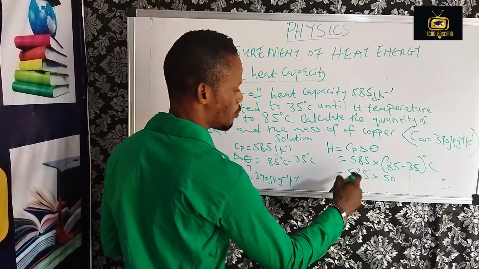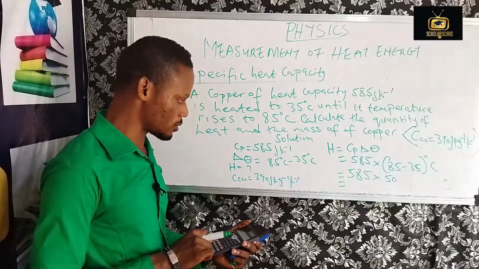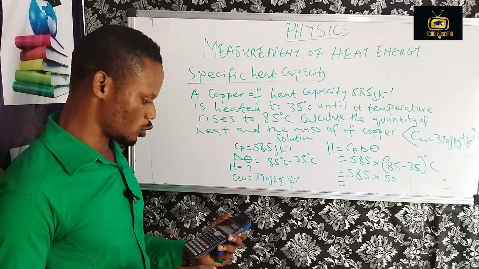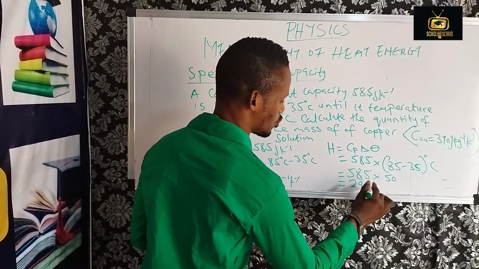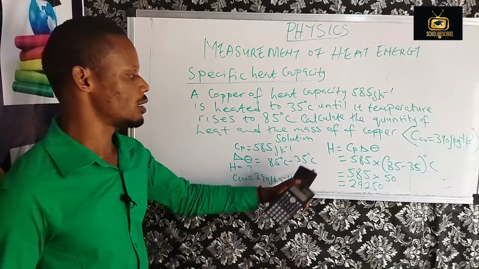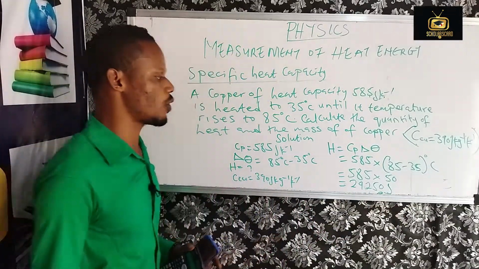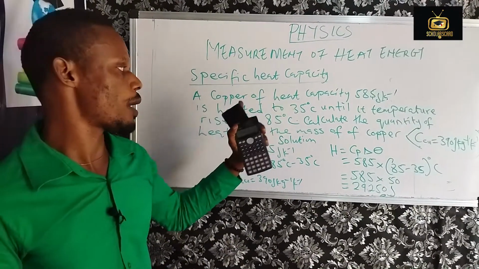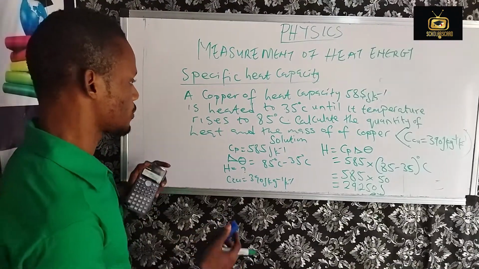So we multiply 585 times 50, which gives 29,250. You don't leave it like that, you make sure you put the unit of heat, which is joules. So that is the quantity of heat required to raise the temperature of the copper given this heat capacity. Are you getting it?